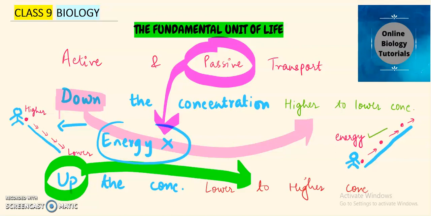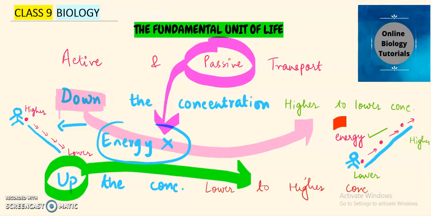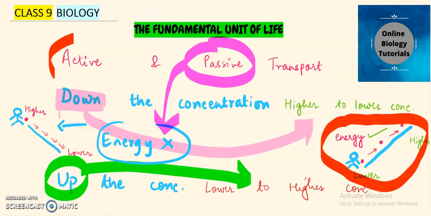Energy will be given in this case because the ball is moving from the lower to the higher side. This is the rule of nature: if particles are moving from lower to higher concentration, this will certainly utilize energy.